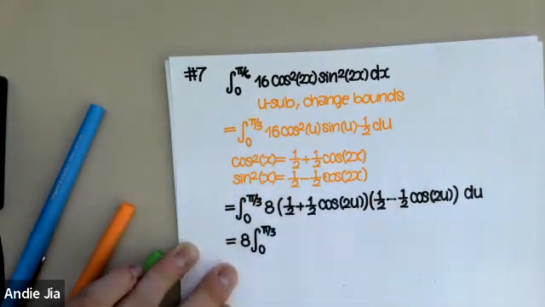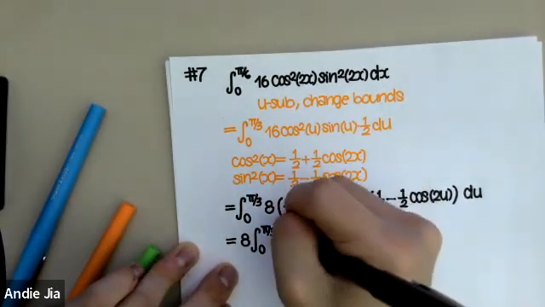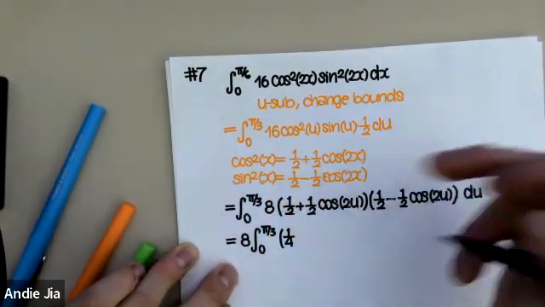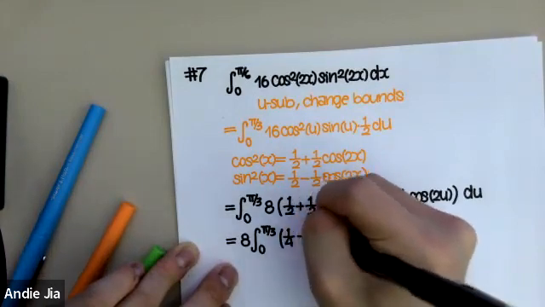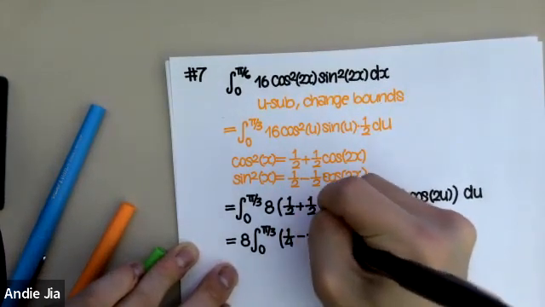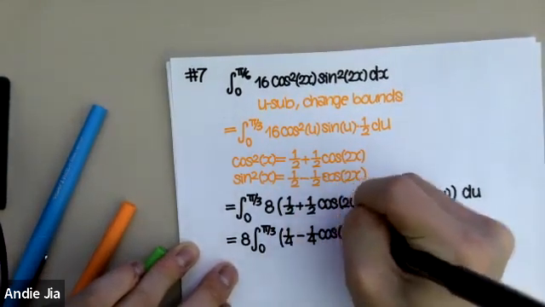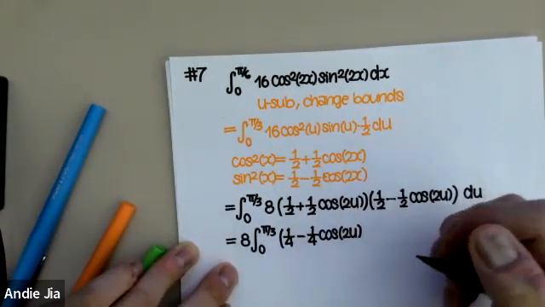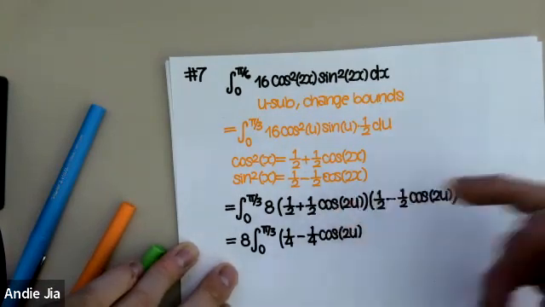Over pi over 3, and we have just 1/4. Minus 1/4 cosine 2u. And then we plus 1/4 cosine 2u.